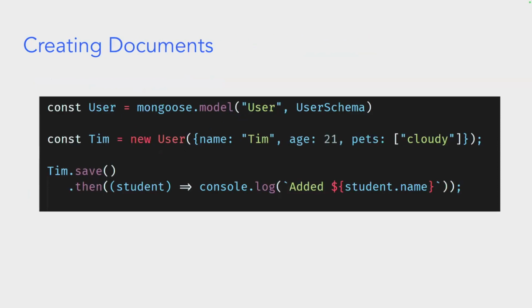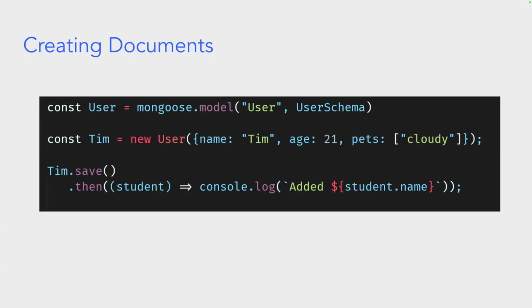So to make a document, first we can define our model. Then we can use the new keyword again with our model, and we pass in an object representing our data. And then we call save on the object we've created.